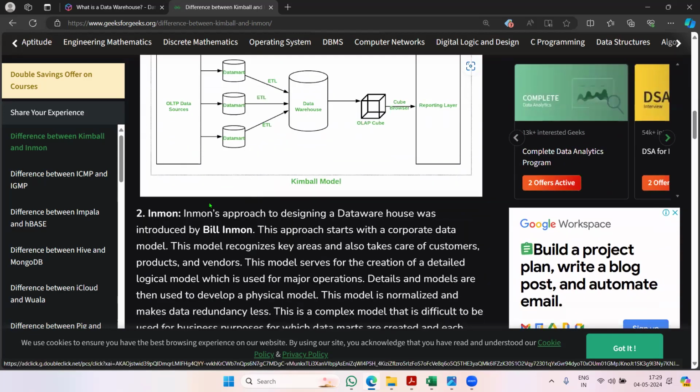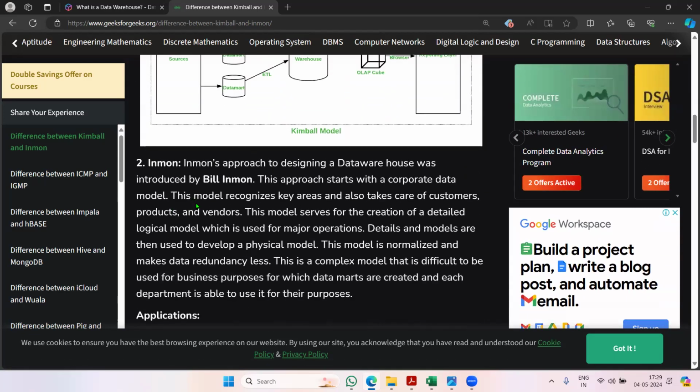Now what Inmon is saying is no, not at the department level. Let us create a data warehouse at the organization level, that means at the corporate level.